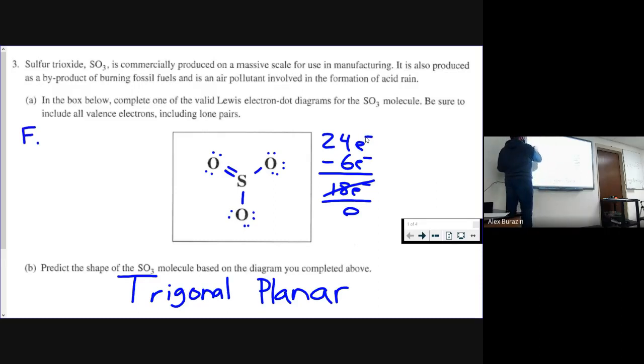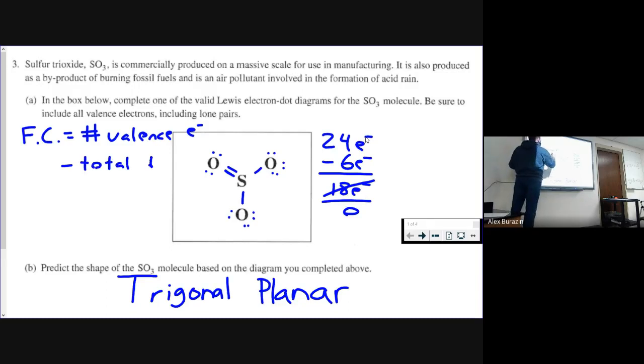The formal charge equation is the number of valence electrons minus total dots plus dashes. You can do this little calculation for every individual element. And the idea here is that formal charge, when it's 0, represents the best possible arrangement of electrons.